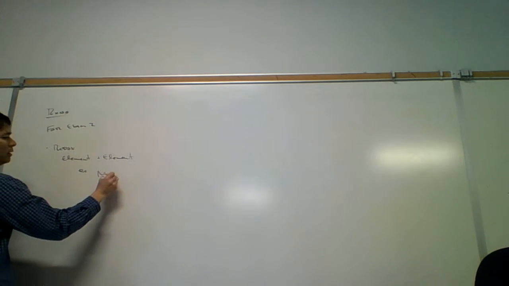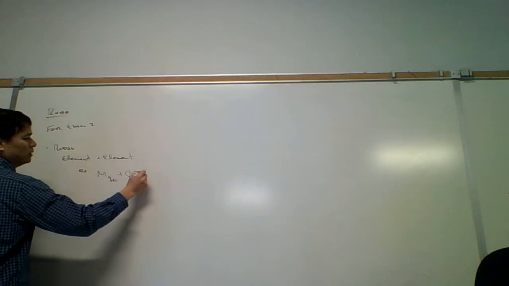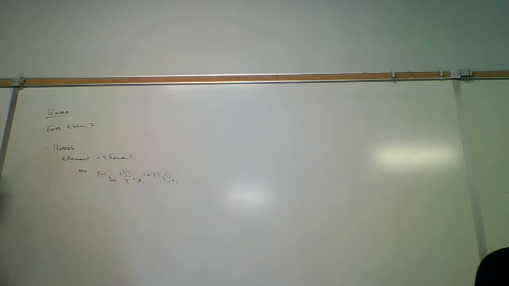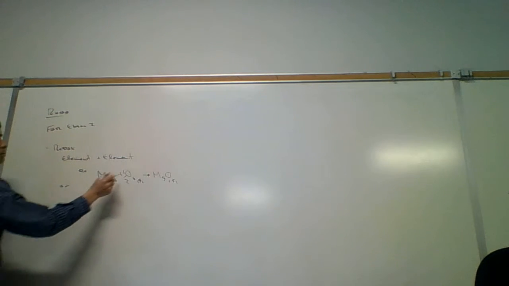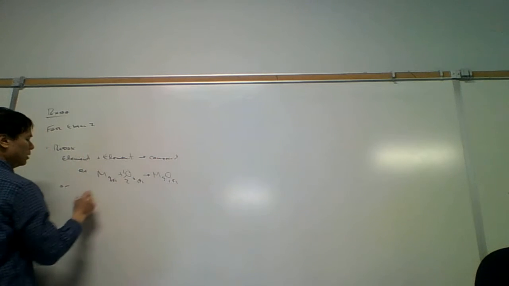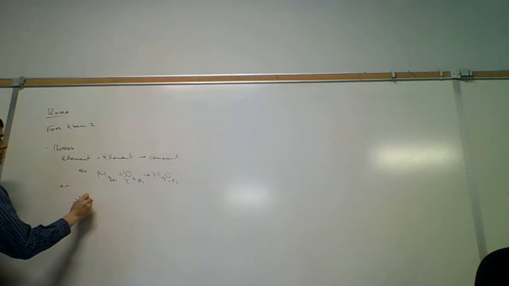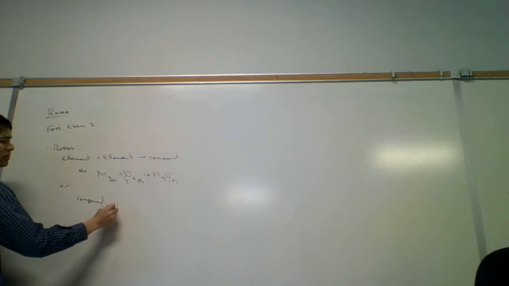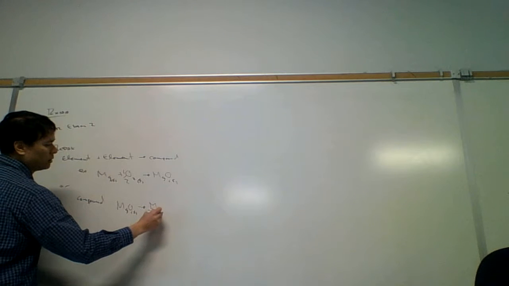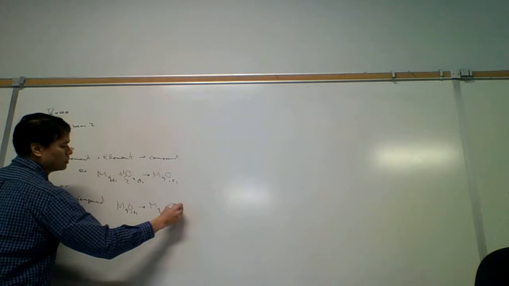Magnesium solid plus oxygen gas yields magnesium oxide solid. Element plus element combination, or we could have a decomposition. Element plus element yields compound, or the compound can decompose into the element, which is just a reverse reaction, which is the MgO solid decomposes into Mg solid plus 1/2 O2 gas.